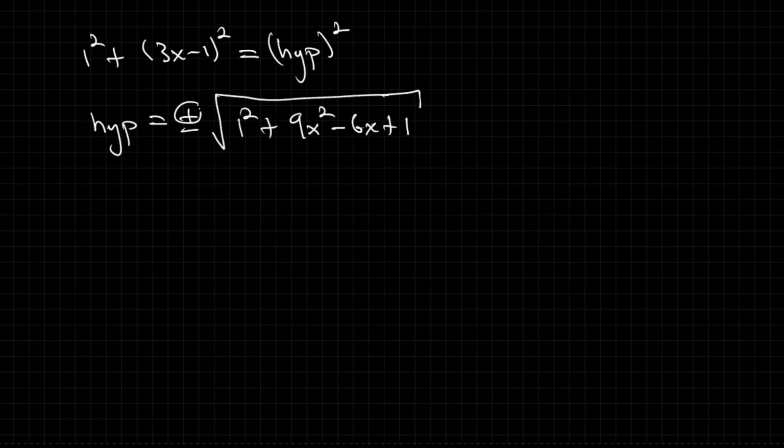And since the hypotenuse is a length, we'll select the positive. And so this ends up being the square root of 9x squared minus 6x plus 2.